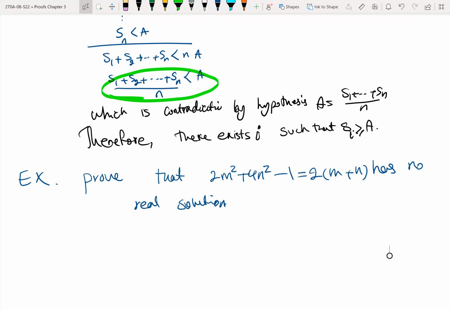How do I prove this has no real solution? Any idea?